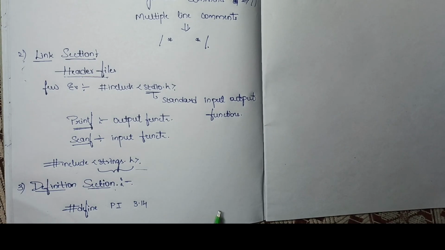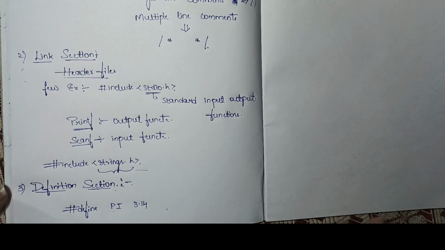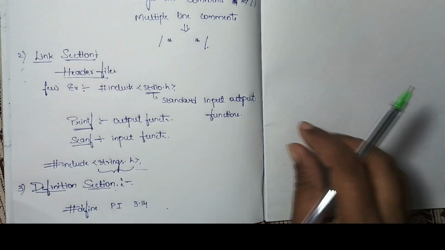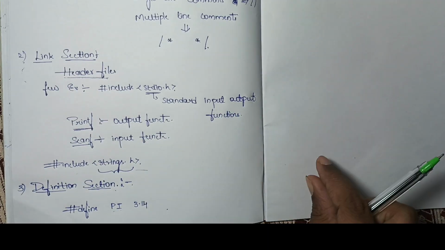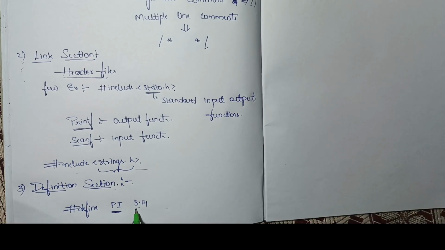We all know that pi stands for 3.14. We will give this line in the definition section, which helps the user, and it will be useful throughout the code. Wherever we write PI, it will take the value as 3.14.